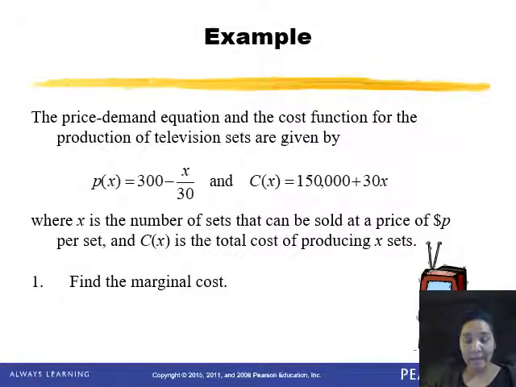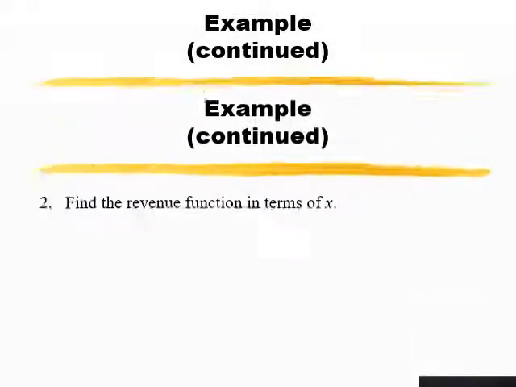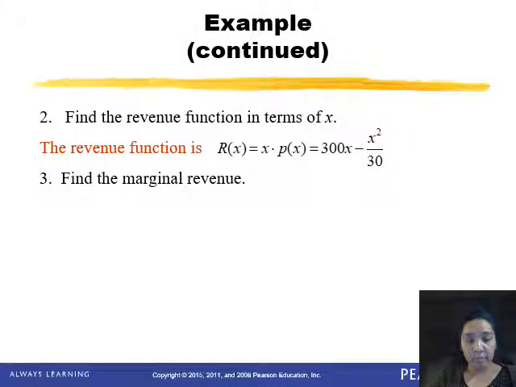I'm going to move ahead and do the profit, and I believe there's revenue first and a profit example. So we're going to find the revenue function in terms of x, and I think I skipped the previous slide there, but you see that the revenue is just the amount of items times the price.